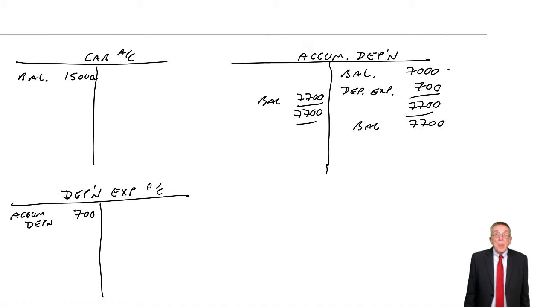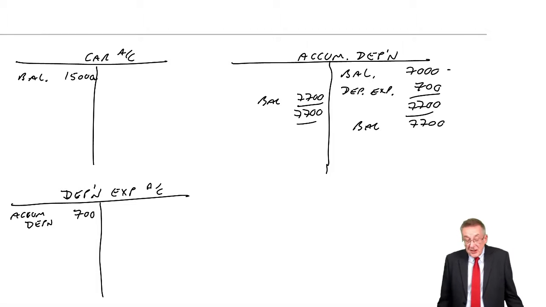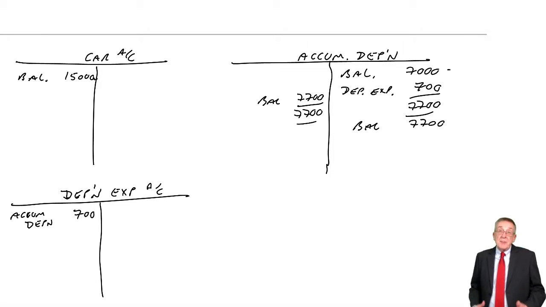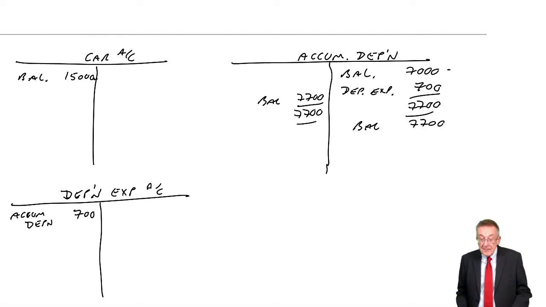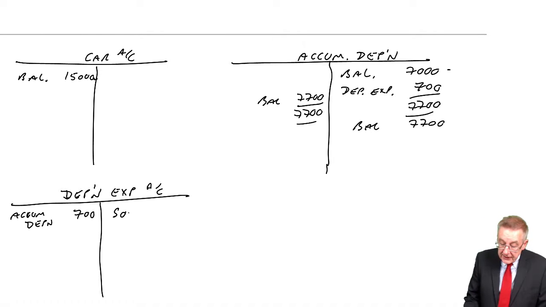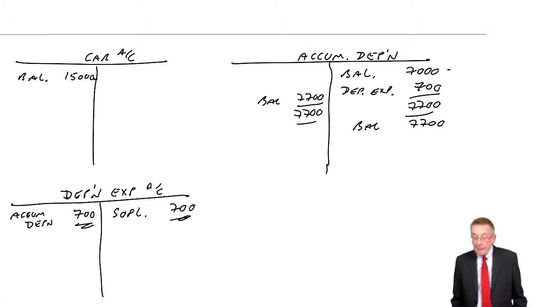The expense, well, of course, although we're not at the end of the year, that is the expense for this year, depreciating, because the car's about to disappear. And so don't forget, I'll send it to the statement of profit and loss. Get rid of it.